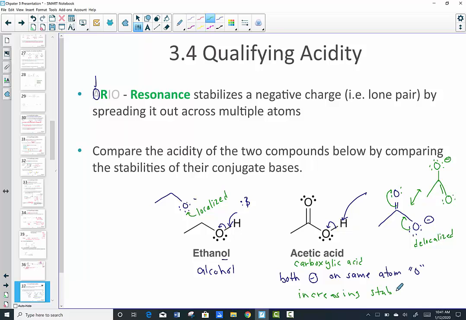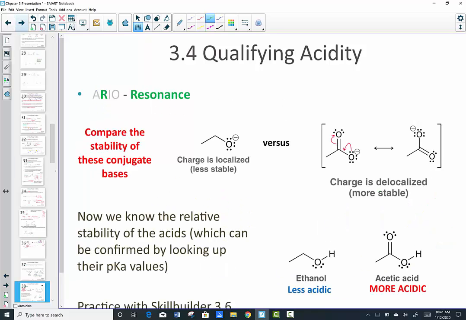So which one is more acidic? Well, this guy right here, because his lone pair of electrons will be resonance stabilized. And you can see the structure that we drew, the oxide anion from the alcohol, has very localized electrons.